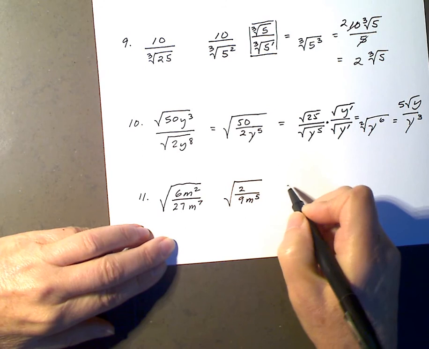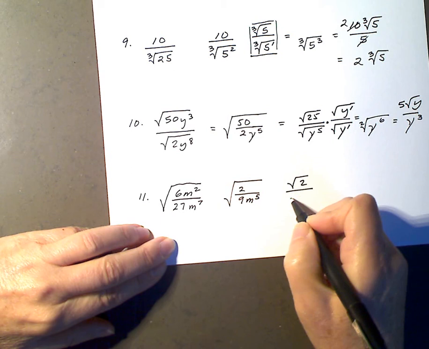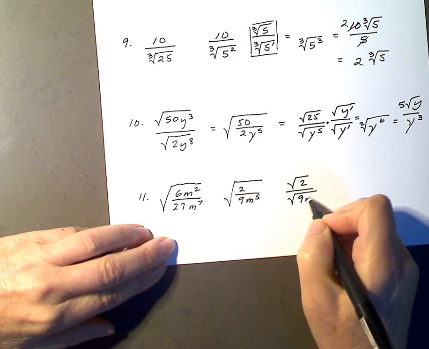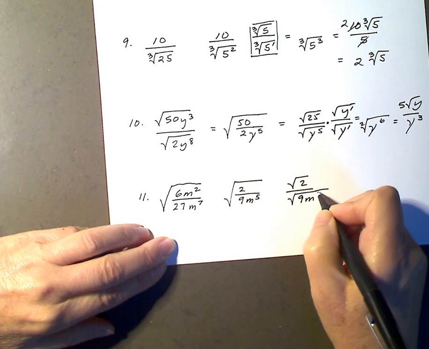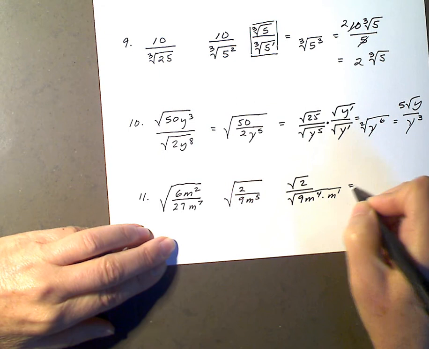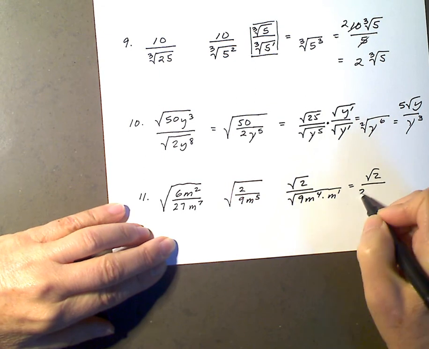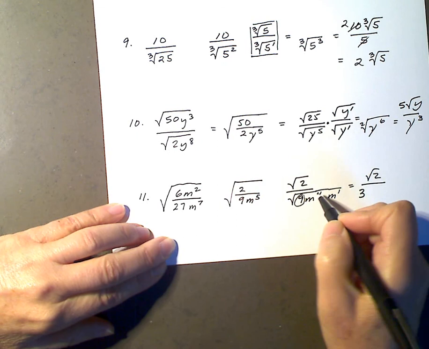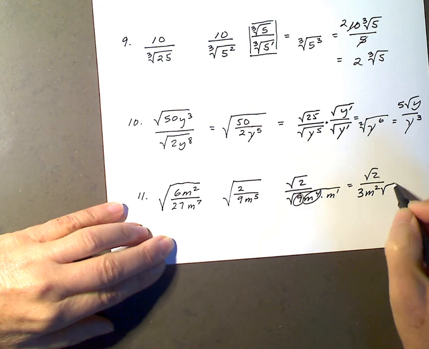So I've got the square root of 2 over the square root of 9m to the 5th. I'm going to break that down as m to the 4th times m to the 1st. So square root of 2 over, I'll have a 3 come out from the 9. And an m squared will come out, and then I'm left with the square root of m.